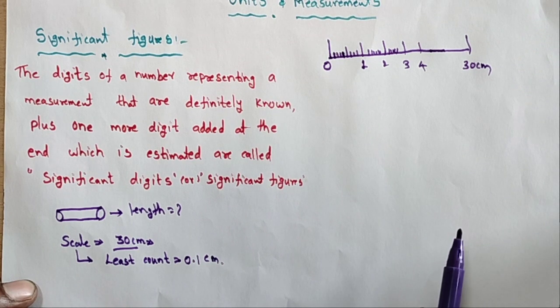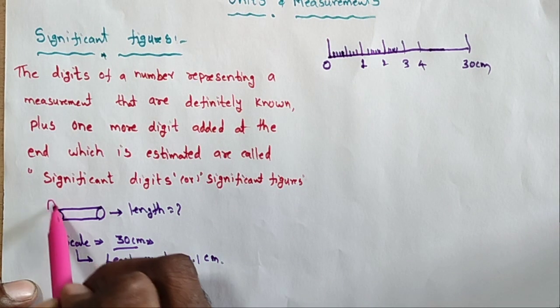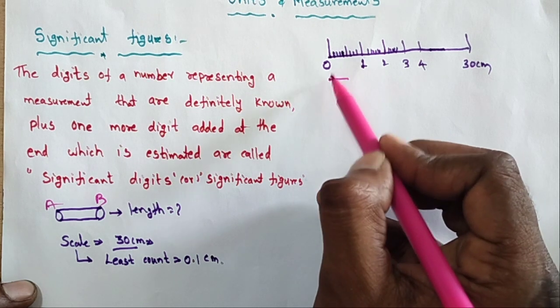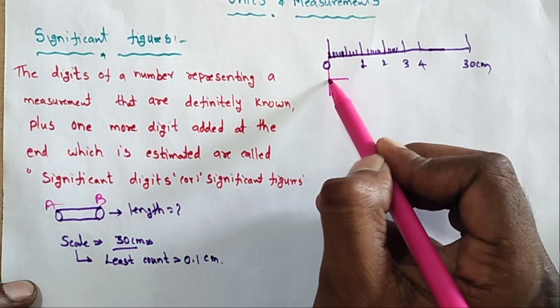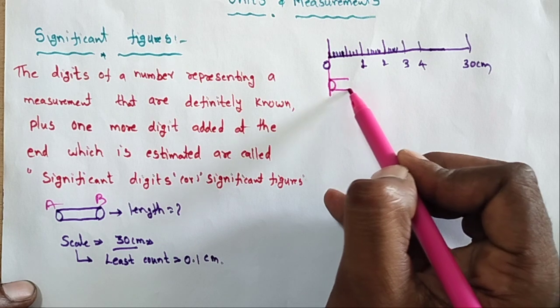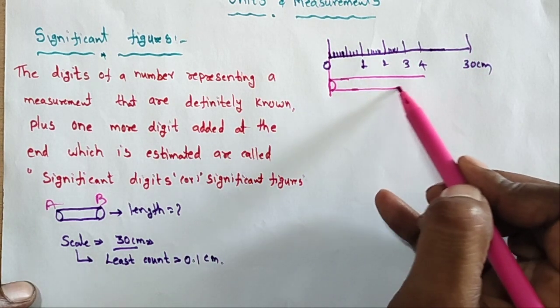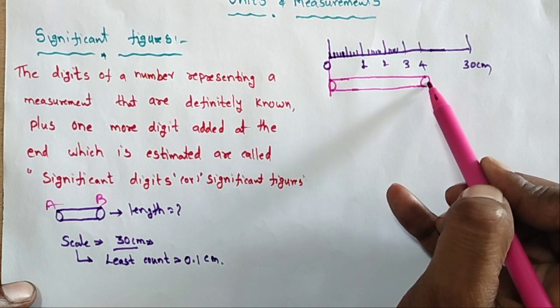Suppose I am taking one rod, with one end A and the other end B. The A end is fixed exactly at 0. This is an example rod length.